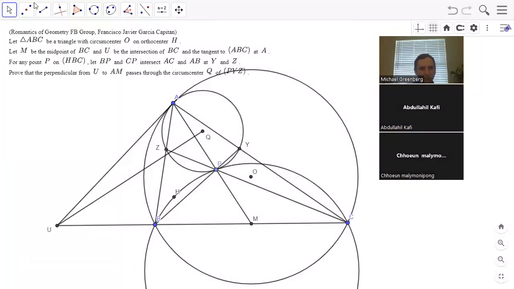UQ is the radical axis of point circle A and BHC.